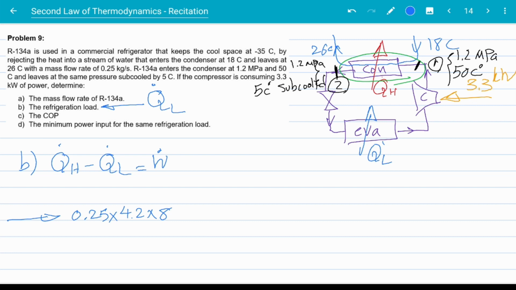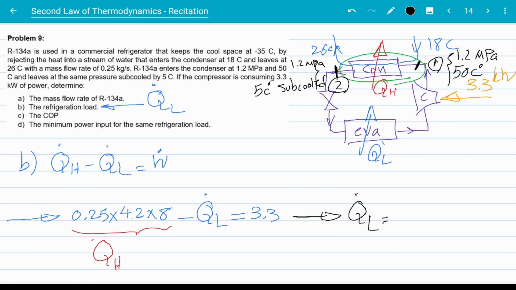This is Q dot H minus our unknown Q dot L is equal to 3.3 kilowatts, which is the power input of the compressor. Now remember, this is Q dot H that we found from part A. Doing the math, you get Q dot L is 5.1 kilowatts.